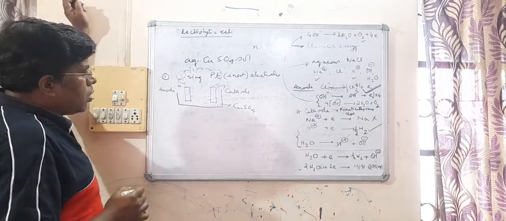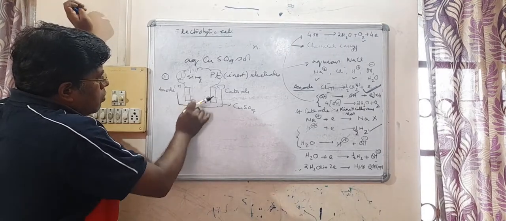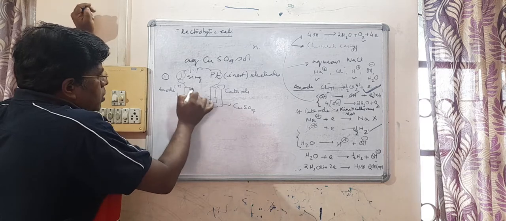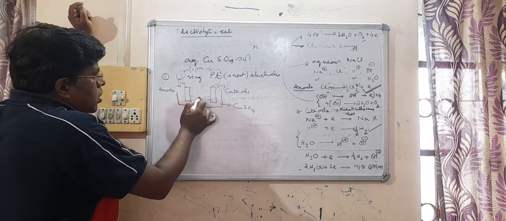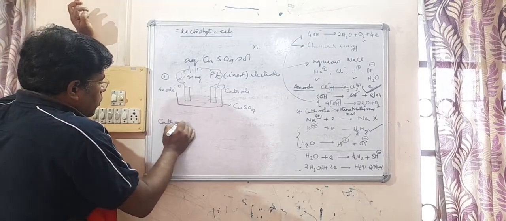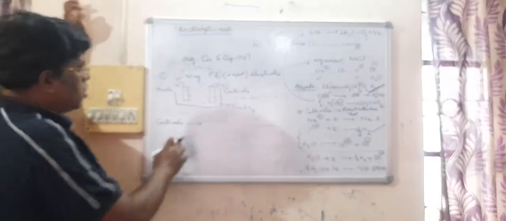So here there are many ions. There is copper 2 plus ion, there is sulfate ion, there is H plus, there is OH minus here. So ultimately what happens in the cathode?